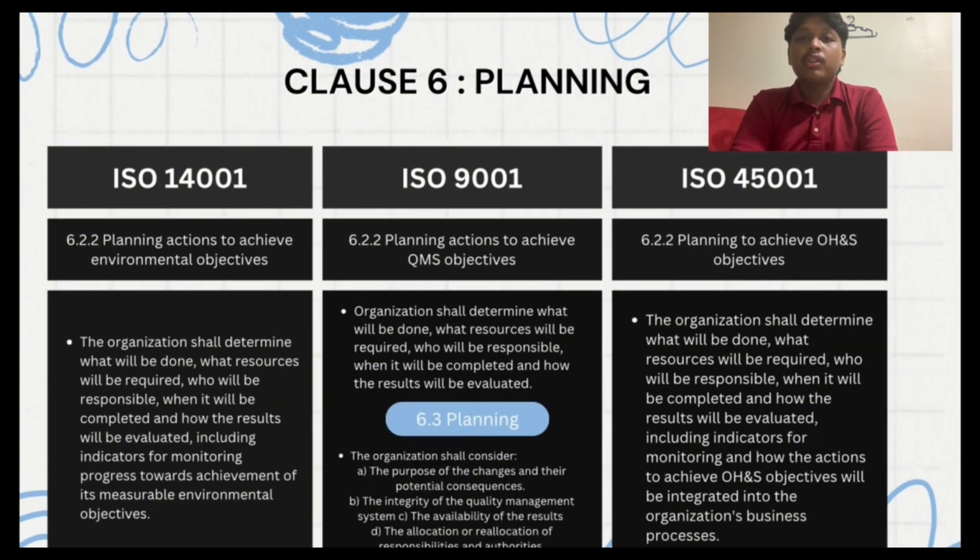For subclause 6.2.2 in ISO 14001, it is planning actions to achieve environmental objectives, while in ISO 9001 it is planning actions to achieve QMS objectives and planning in 6.3, and for ISO 45001 it is planning to achieve OSH objectives.